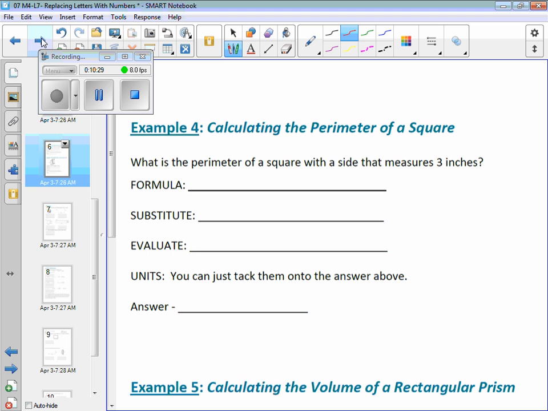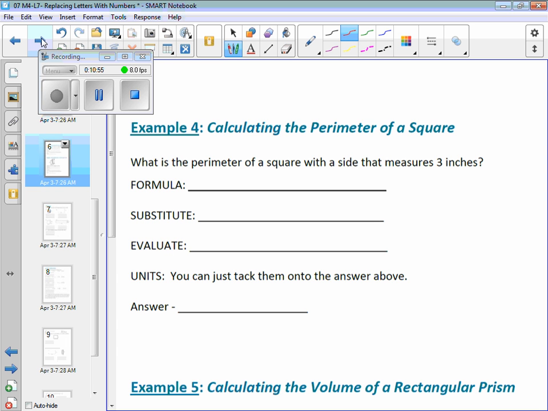Example 4. What are we calculating? Not the formula, but look at example 4. What are they asking us to do? Look at the title for example 4. So what are we calculating?